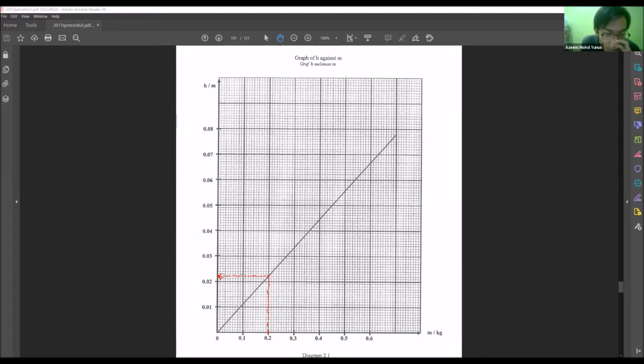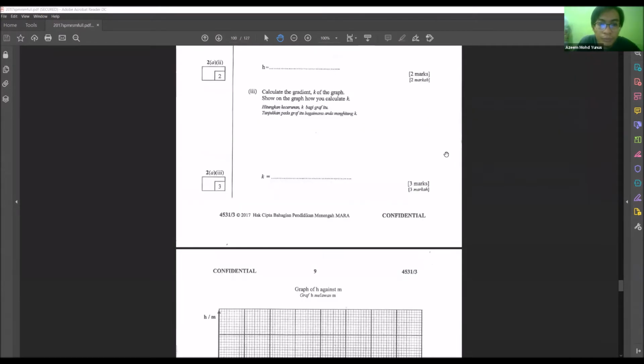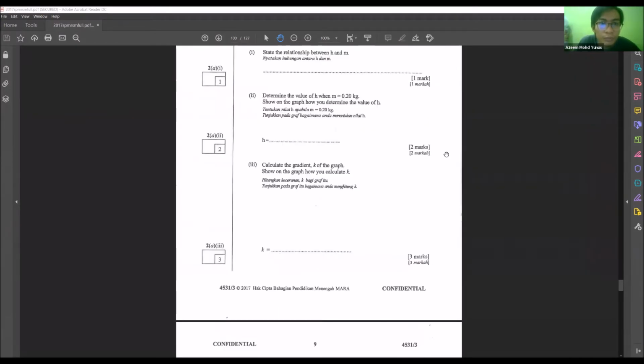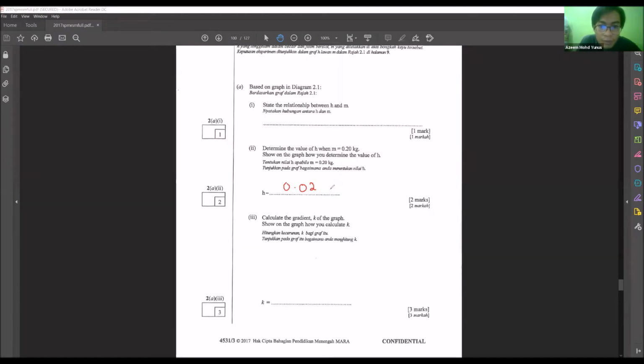So this is 0.021, this is 0.022. So 0.022 meter. And that should make sense because the meter is quite a large unit, so the number will be smaller. So the marks: one mark for the dotted line, the interpolation, another one mark for the correct answer with the correct unit.